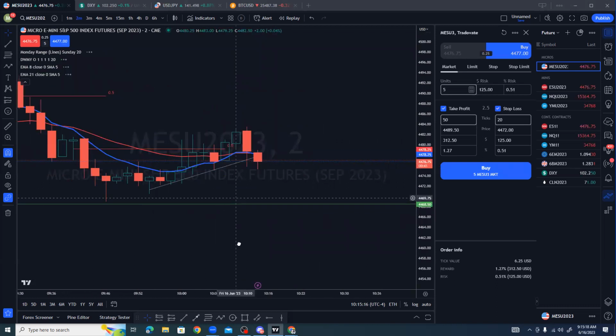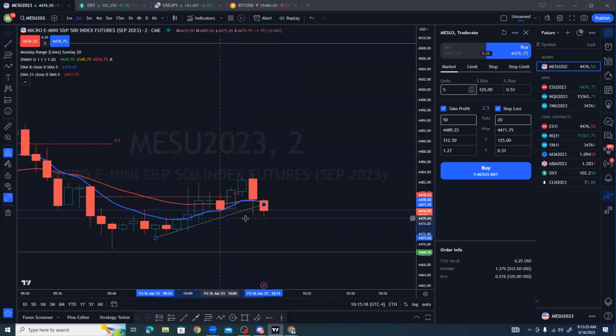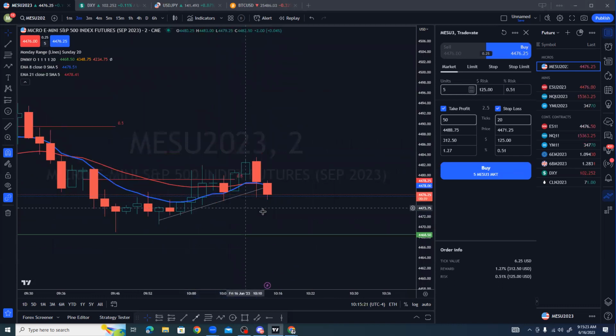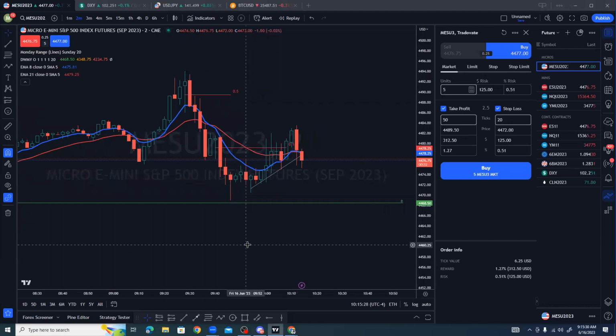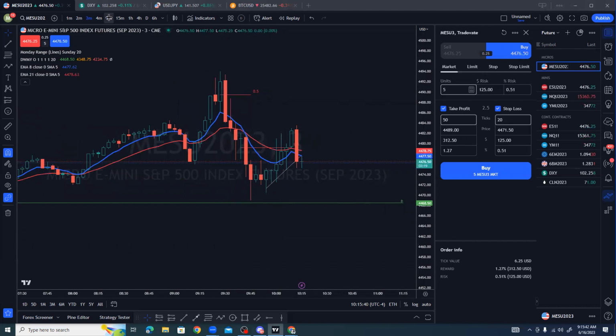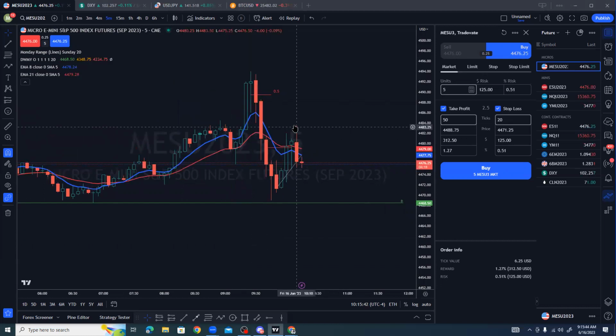2-minute chart. Holding right there. Five-minute chart getting in that fair value gap, and now we're selling off.